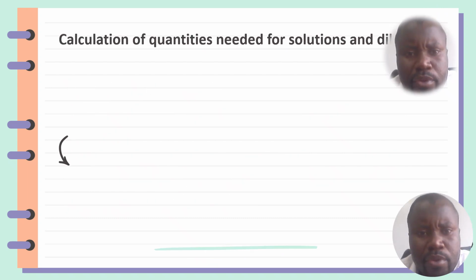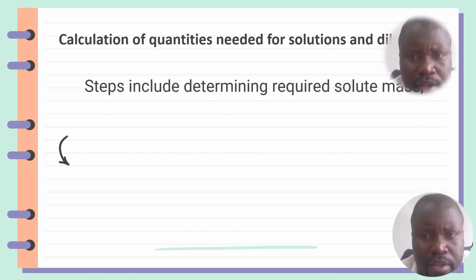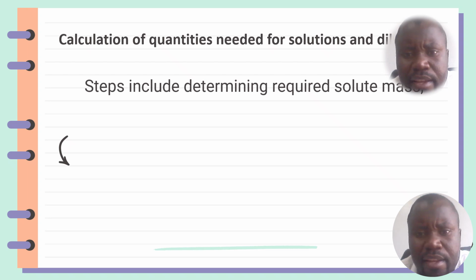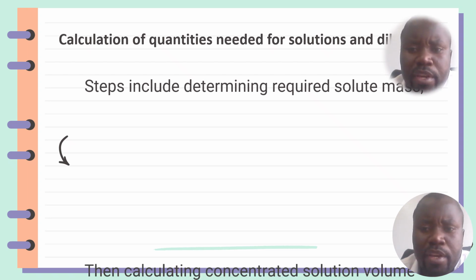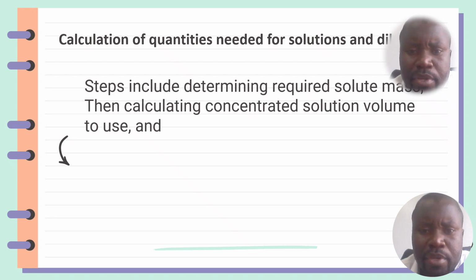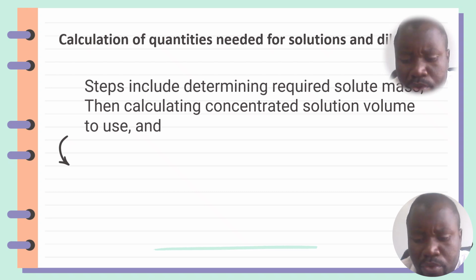Then we also have calculations relating to quantities that are needed in solutions and dilutions or diluents. The steps, and I think we have hinted on some of these, would include determining the required solute mass. So obviously you have to weigh, as we indicated in the last topic. After you weigh, you calculate the concentrated solution volume to use.